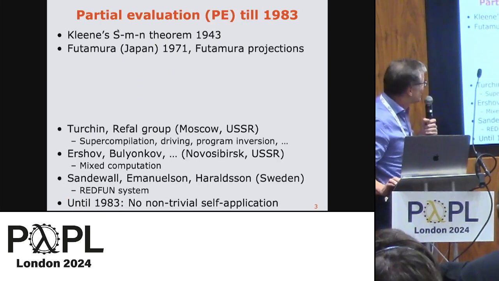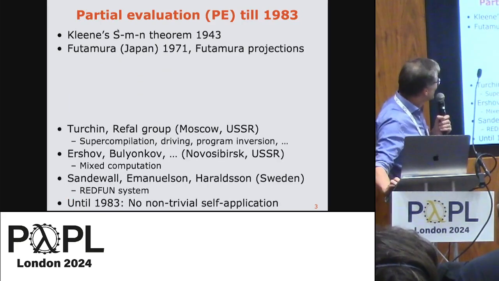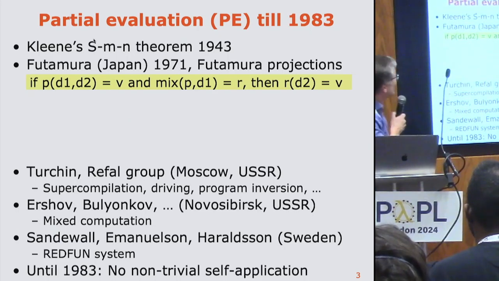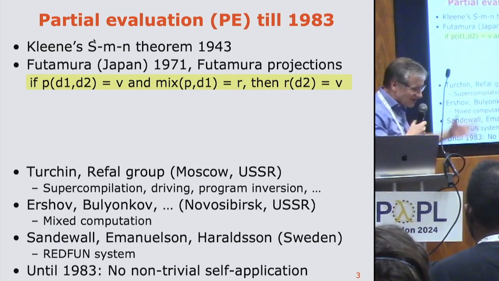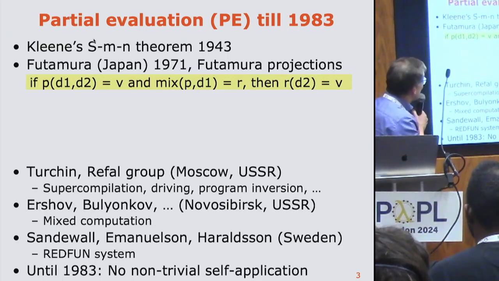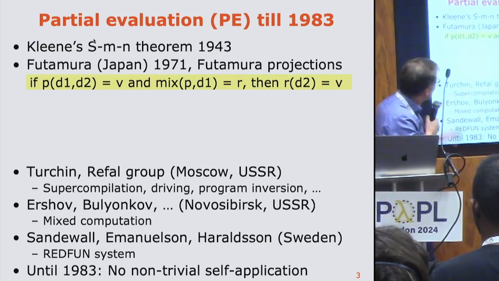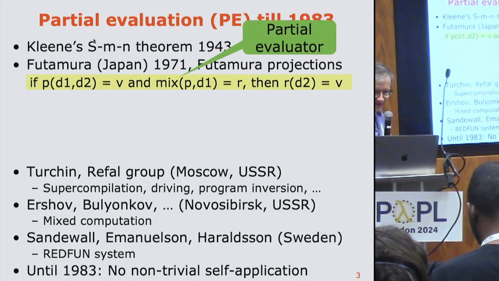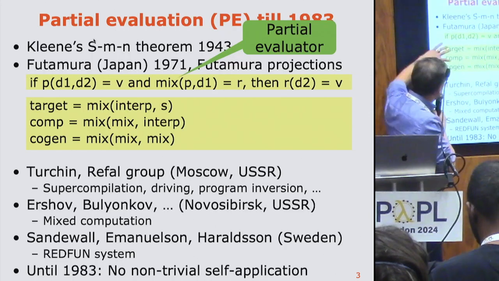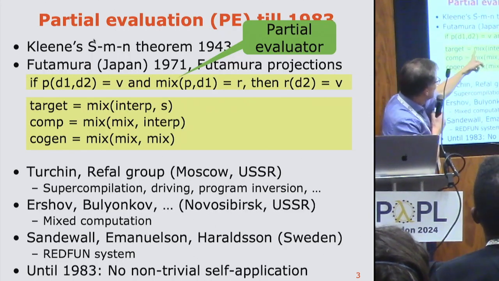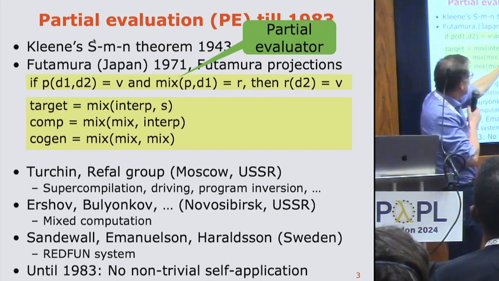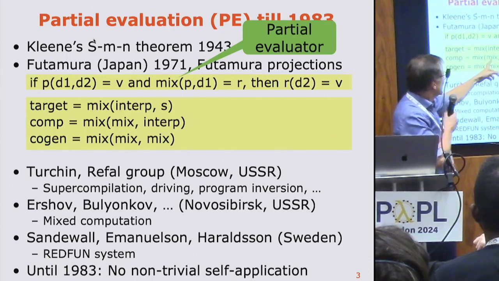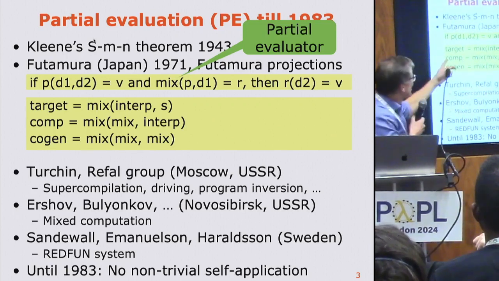So partial evaluation probably doesn't need much introduction, but just to underscore what Fritz said, this was given a name actually already in the 60s, but what Futamura did in 71, apart from giving this equation, was to propose the Futamura projections, at least the first two of them, where specializing an interpreter with respect to a program gives a compiled program, a target program, and specializing a specializer with respect to an interpreter gives a compiler.